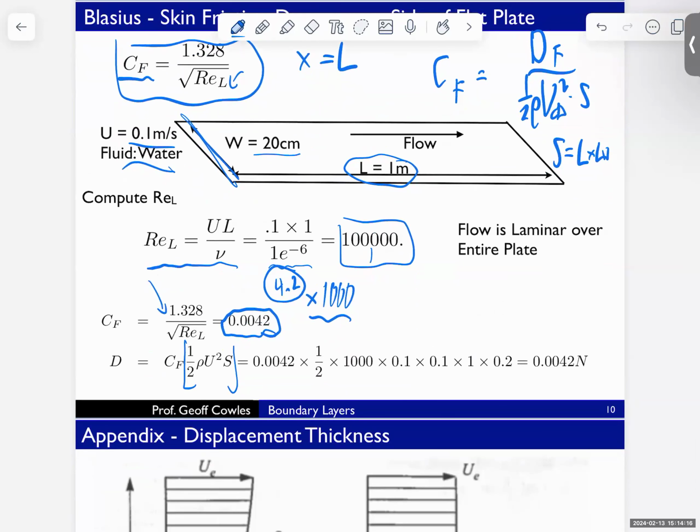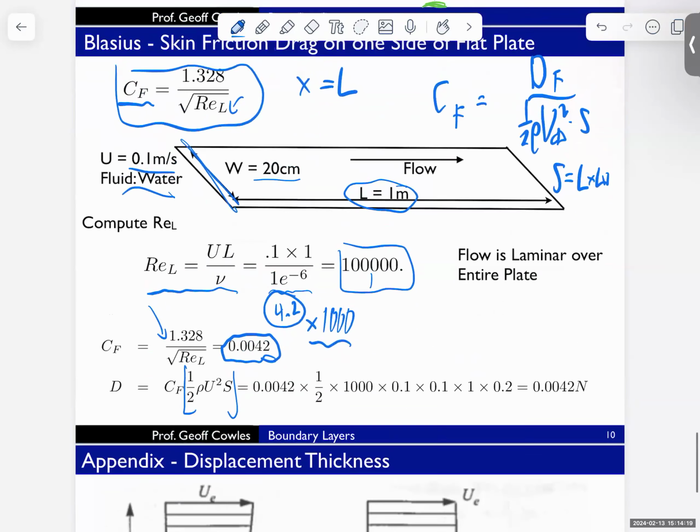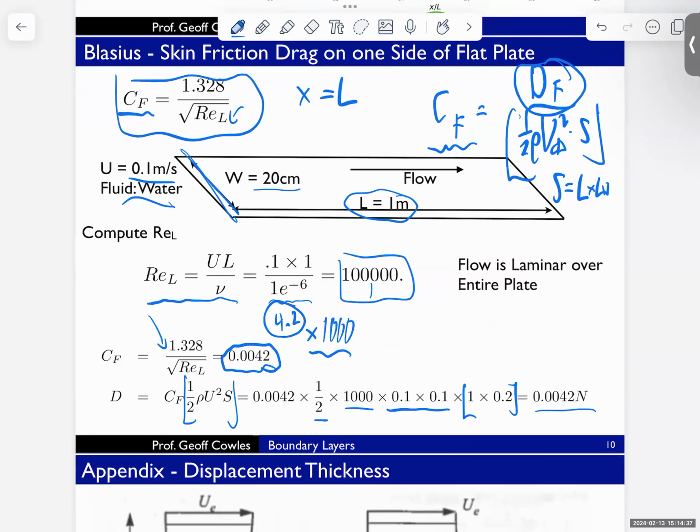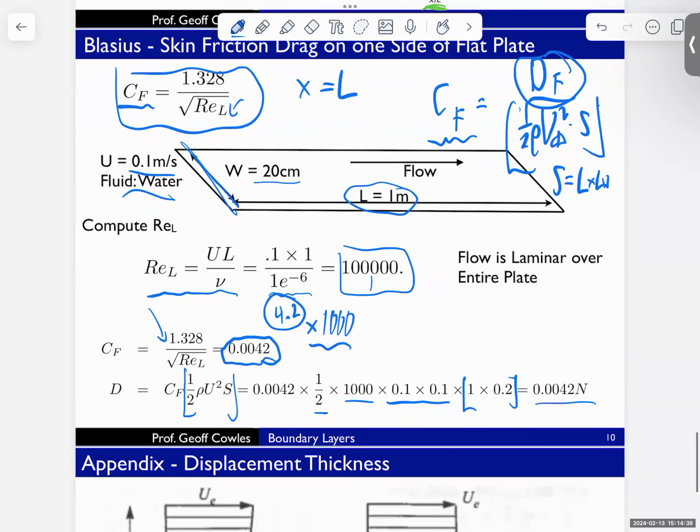And so now I'm going to dimensionalize it. So I want to solve for DF. CF comes from Blasius's formula. And then we multiply by the denominator here, 1/2 times 1,000, which is the density of the water, times the velocity squared, 0.1 times 0.1, times the plate area here, 1 meter by 0.2 meters. And we get whatever it is in newtons, some kind of small number in newtons. This would be flow over one side of the plate.